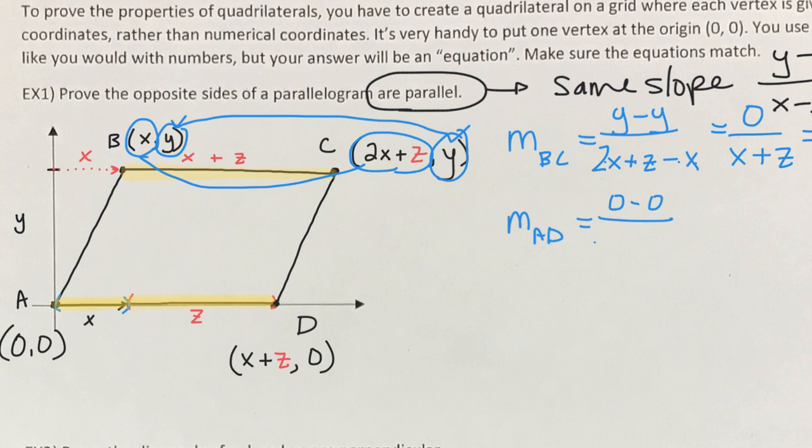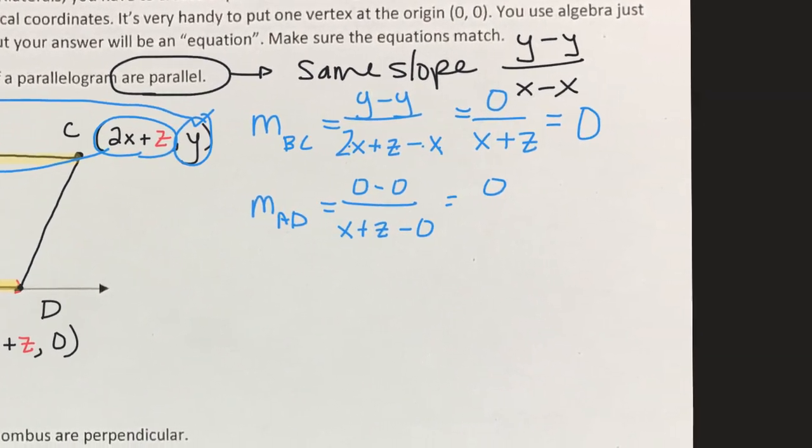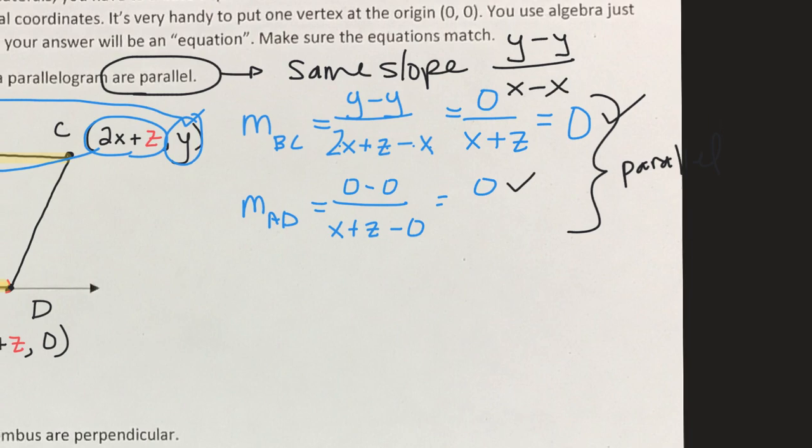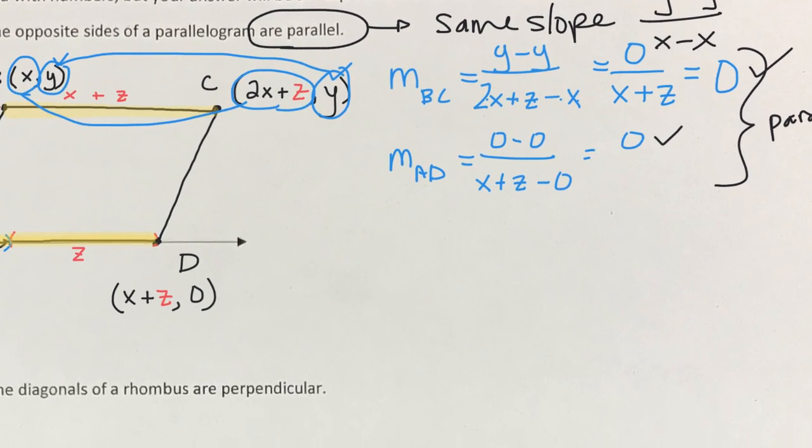So even though this is an exercise in futility, because 0 over anything is going to be 0, that's exactly what we wanted, because what's the slope of the top one? 0, and the bottom one is 0. So if you have the same slopes, then your lines are parallel. So that shows that the top line is parallel to the bottom line.